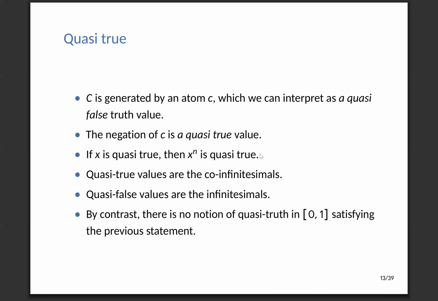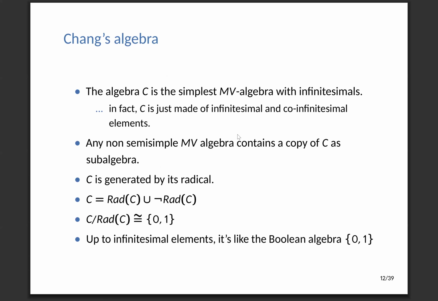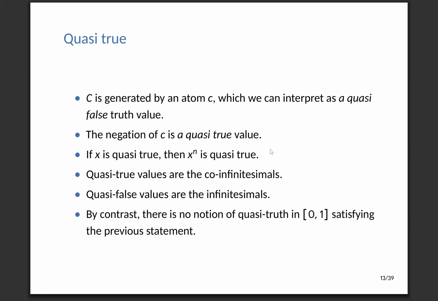So it is generated by an atom c. Here we have an atom that generates the whole algebra. We can add up all the elements, we can take negations and take the other part. So this element c generates the whole algebra C, and this atom can be interpreted as a quasi-false truth value.